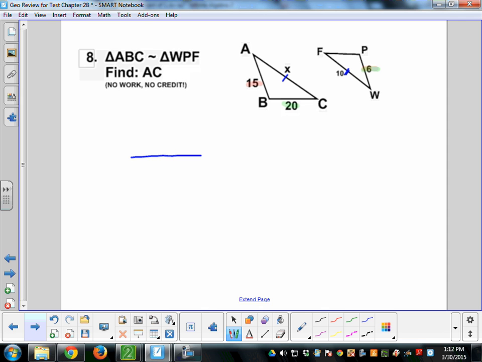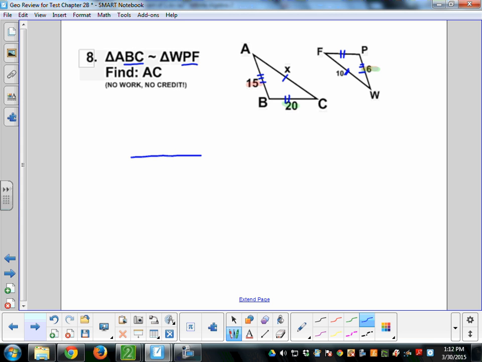Well, you can look back in the similarity statement. BC, that side right there, BC corresponds with PF. And then AB must correspond with PW. So that's my answer right there.